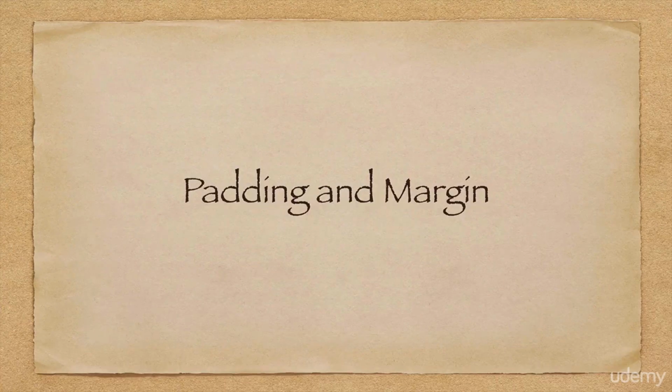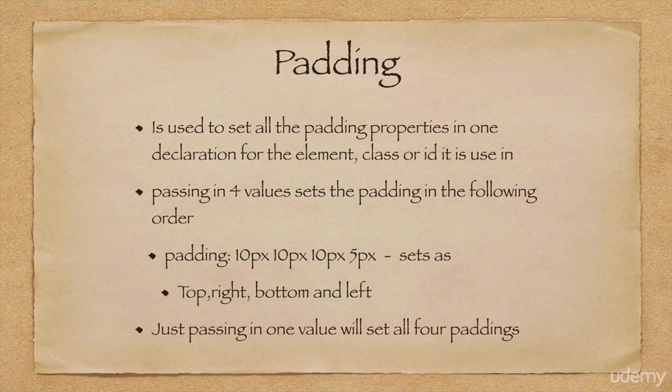Padding and margin. Padding is used to set all the padding properties in one declaration for the element, class or ID it is used in. Passing in 4 values sets the padding in the following order: top, right, bottom and left. So padding 10, 10, 10, 5 in this case will set the padding at the top at 10, the right at 10, the bottom at 10, and on the left as 5.